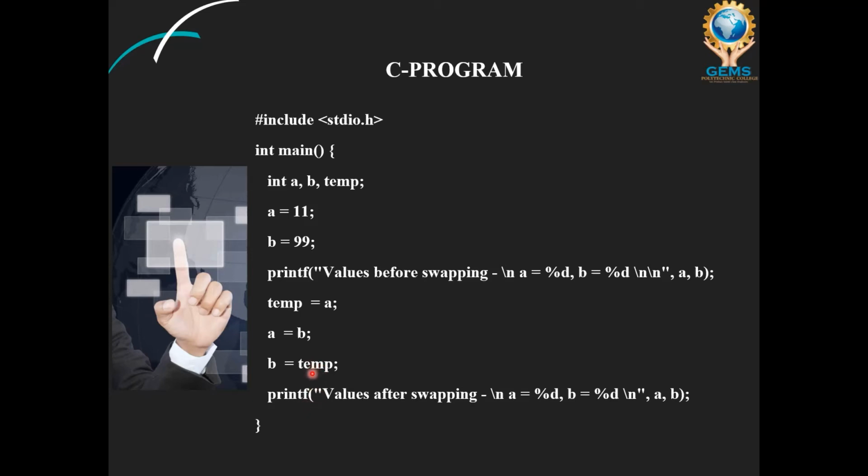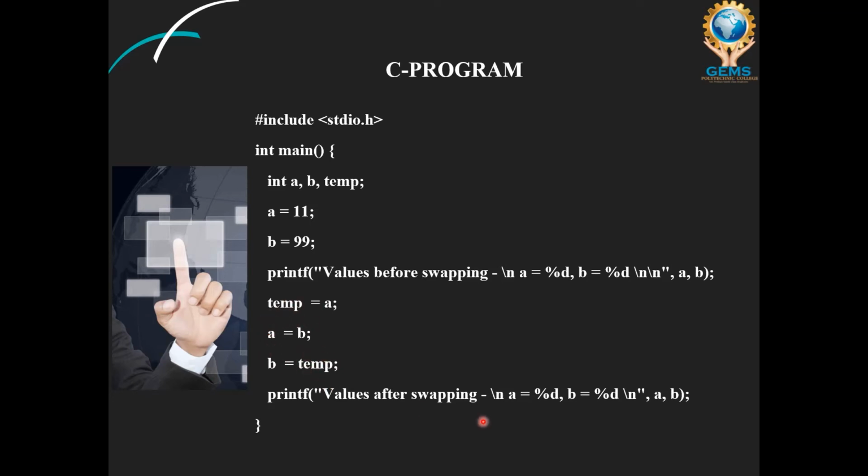Here temp is the third variable I am using for the swapping concept. Please try to understand. Here temp holds the value of A. Now A holds the value of B. So temp is holding value 11 and A is holding value 99. Finally B holds value 11. So by using this third variable, the swapping concept works like this.